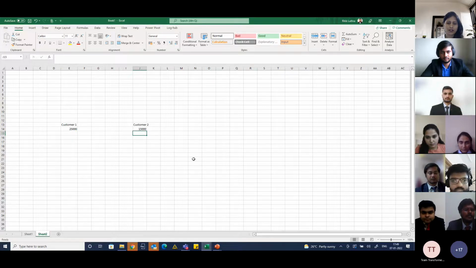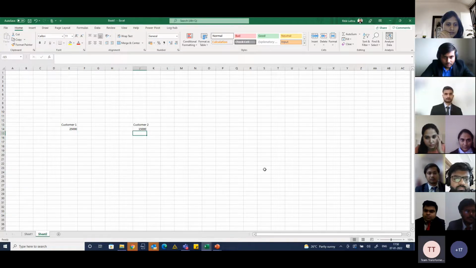Now, if you need to identify a location of the warehouse to cater to these two customers only, on the basis of the demand they generated in 2021, where do you think the warehouse location should be? Nearby customer one, correct. So it should be near customer one.